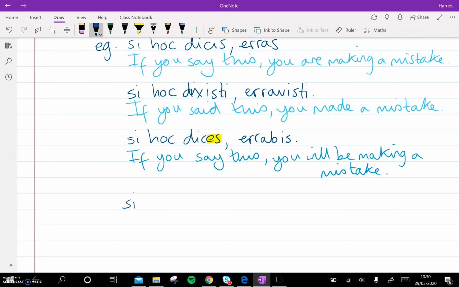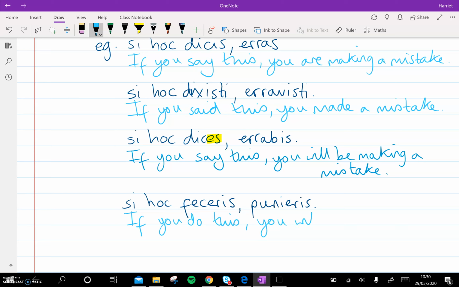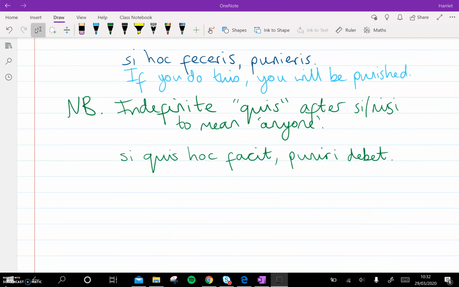So for example, si hoc feceris punieris. Literally, if you will have done this, but we wouldn't say that in English. So if you do this, you will be punished.